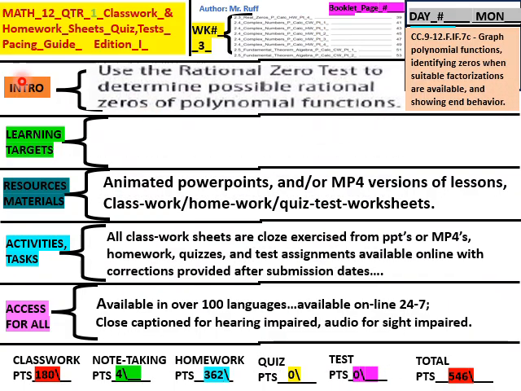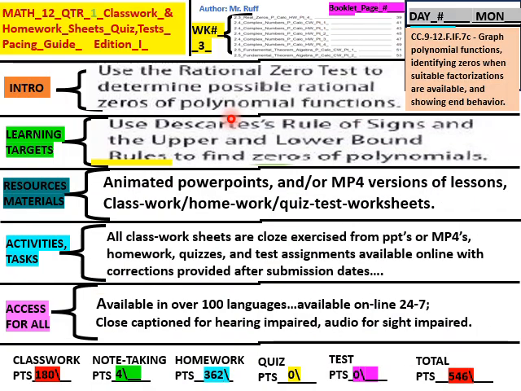And our introduction is use the rational zero test to determine possible rational zeros of polynomial functions. And then our learning targets will be use Descartes' rule of signs and the upper and lower bound rules to find zeros of polynomials. We'll be getting involved with that.